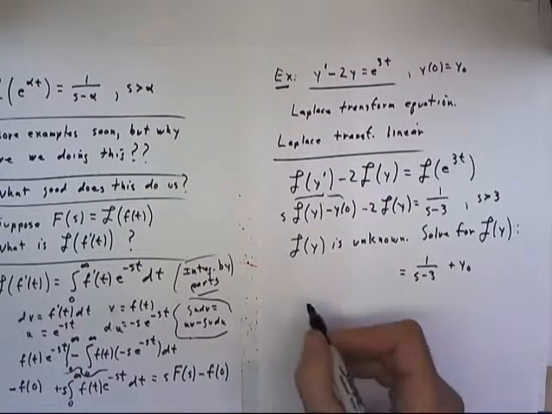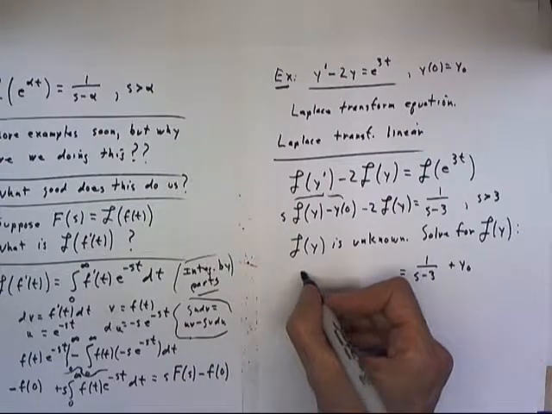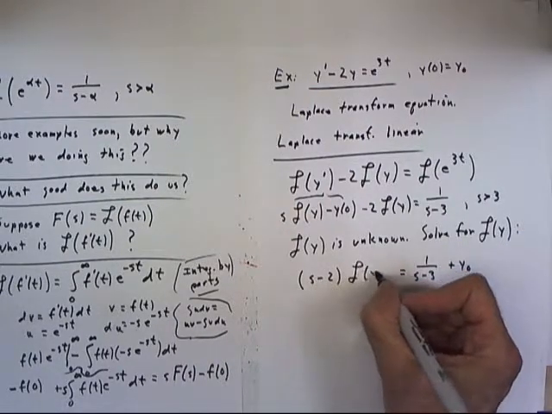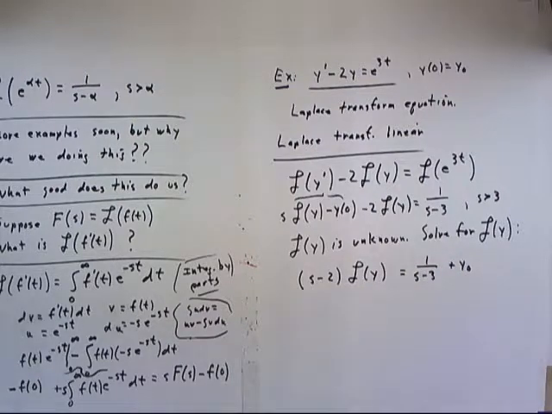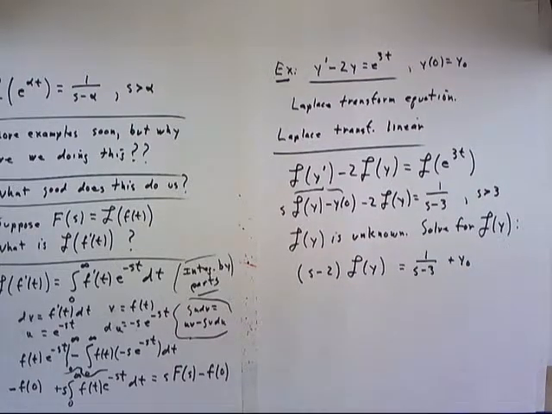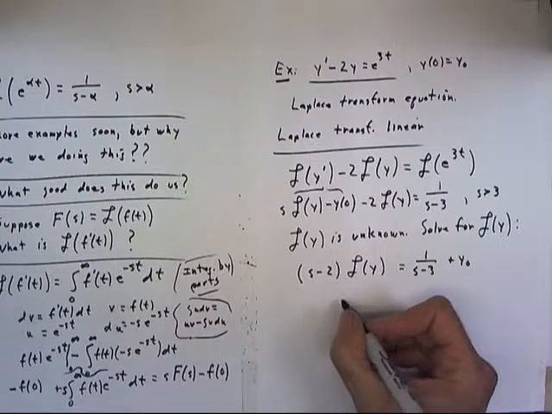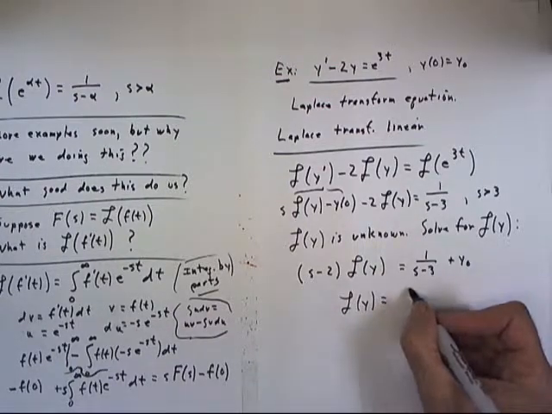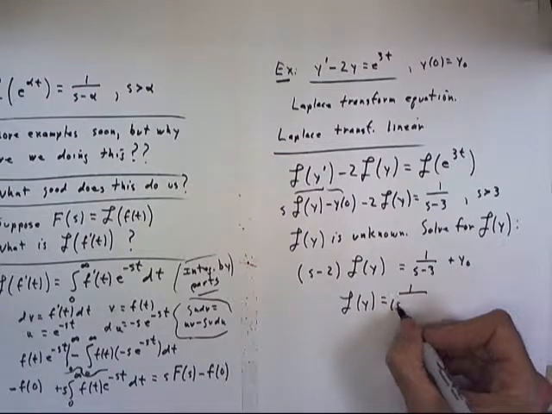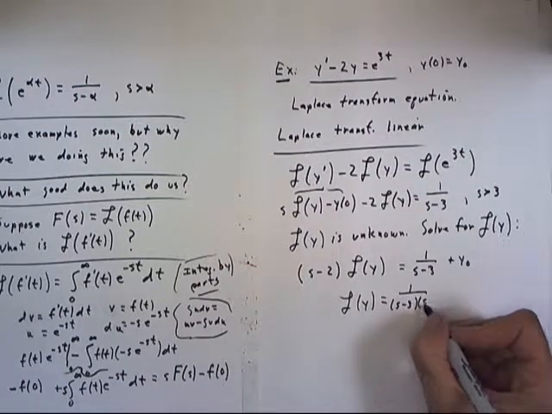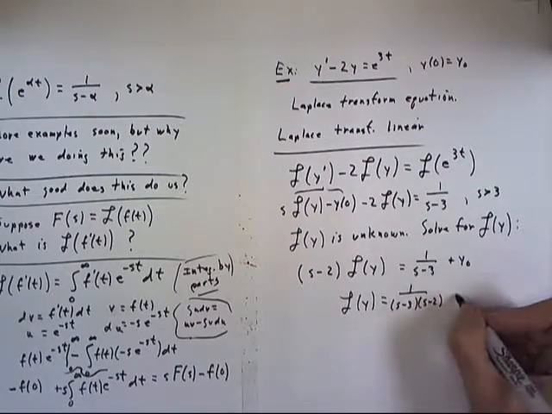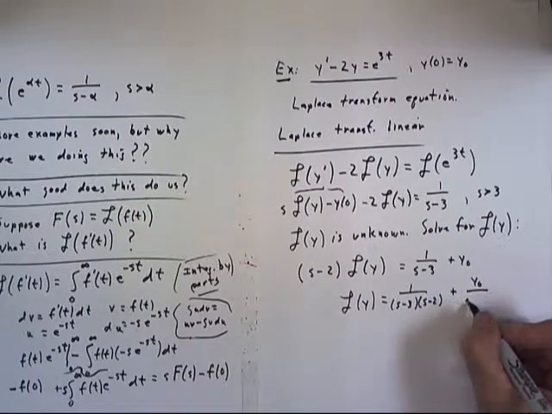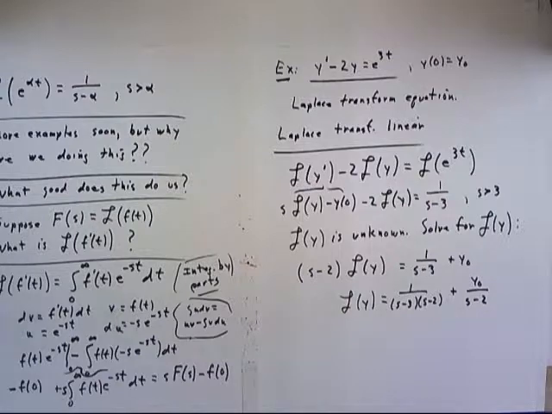The left-hand side is just s minus 2 times the Laplace transform of y. So, what's the Laplace transform of y? It's just 1 over s minus 3 times s minus 2 plus y naught over s minus 2.